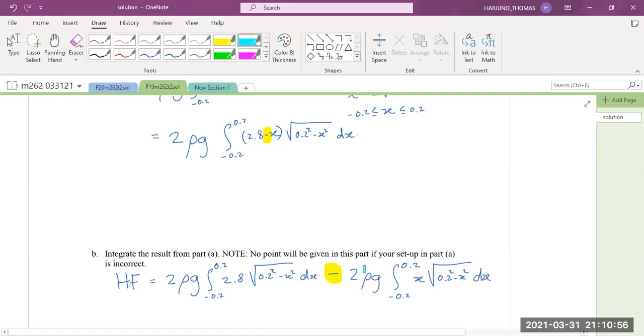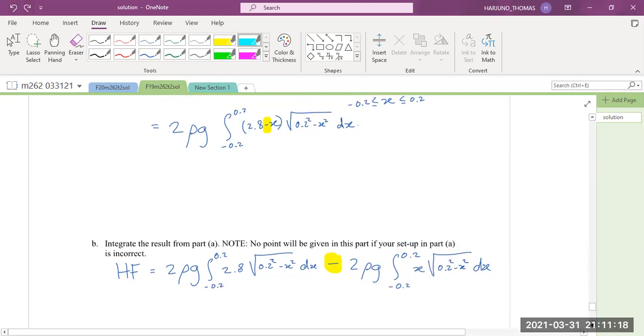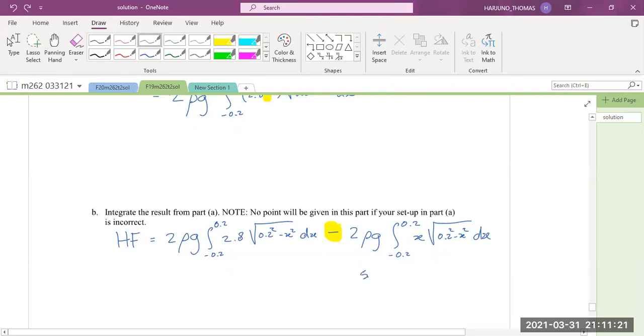But notice that this integral has a symmetric domain, negative 0.2 to 0.2, and the function inside is an odd function, since x square root of 0.2 squared minus x squared is odd.